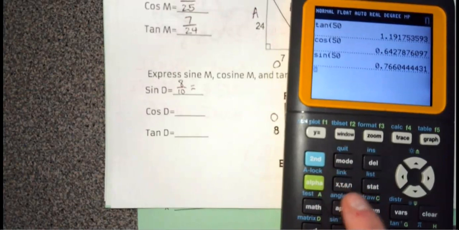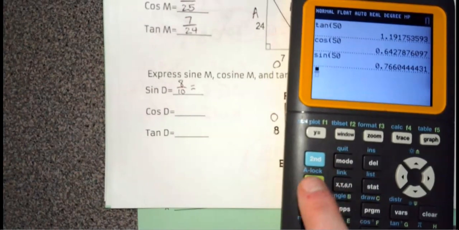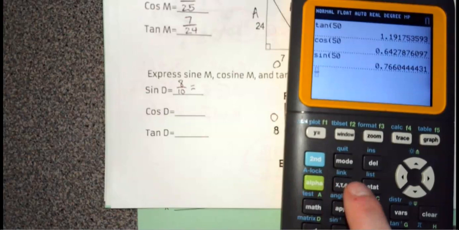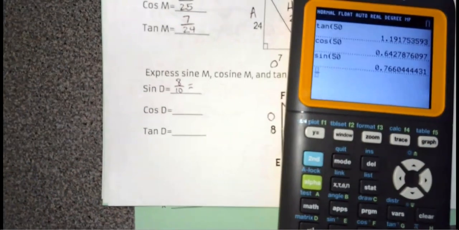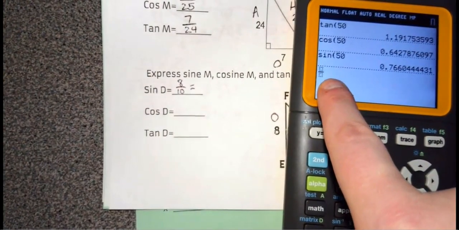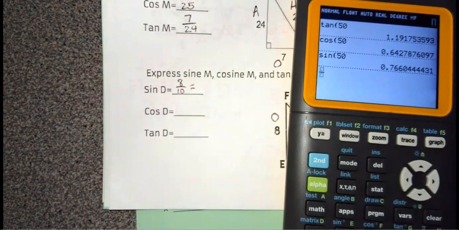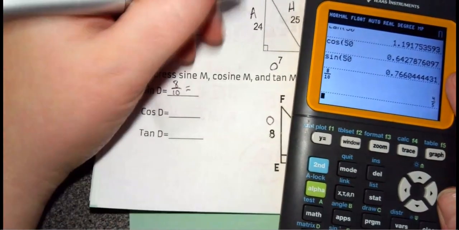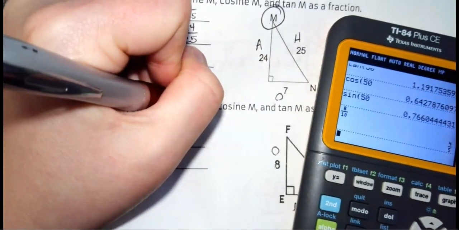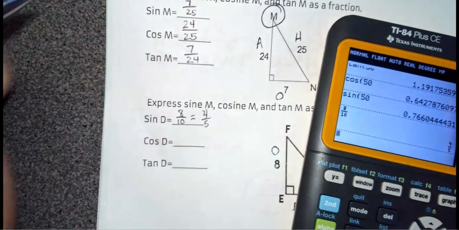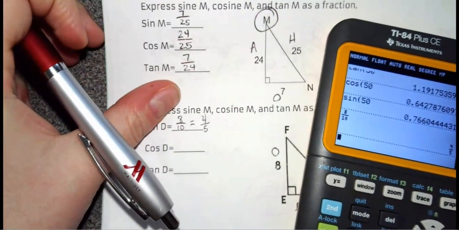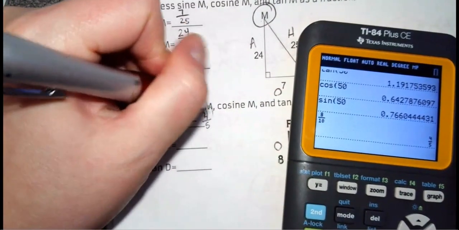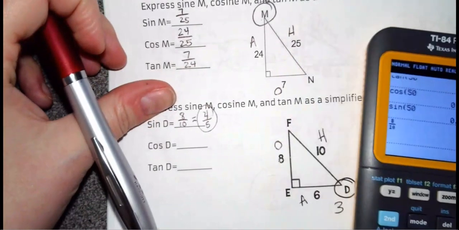Green, and then the number next to it, or the button next to it. So alpha x will give you what you need as far as to simplify this. So you do 8 over 10, 4 over 5. Okay, so that's going to be your ratio, 4 over 5. And so that's how you answer that.